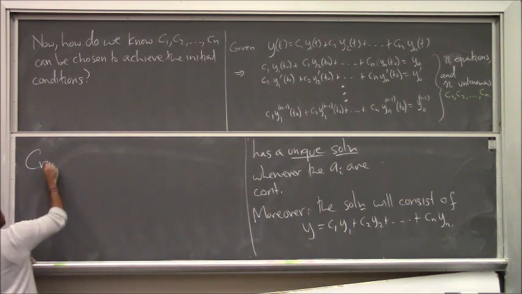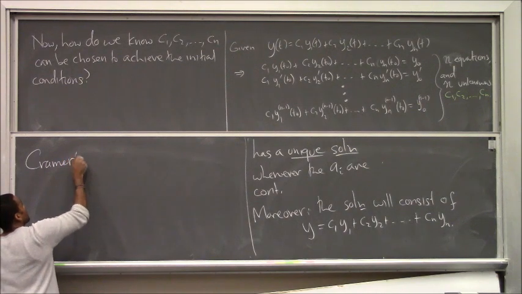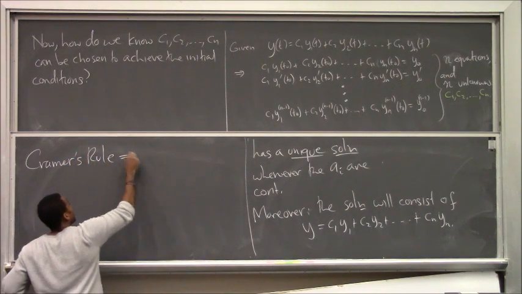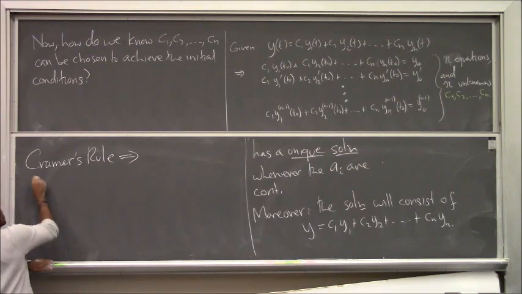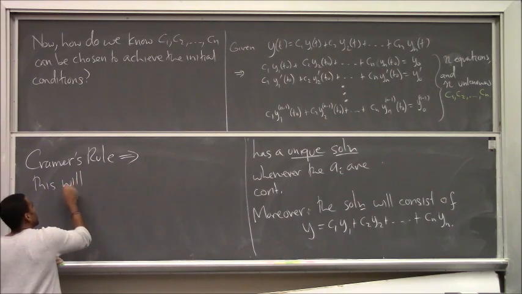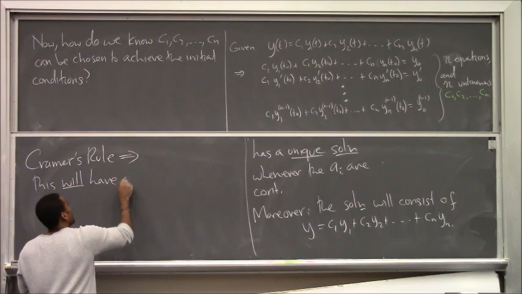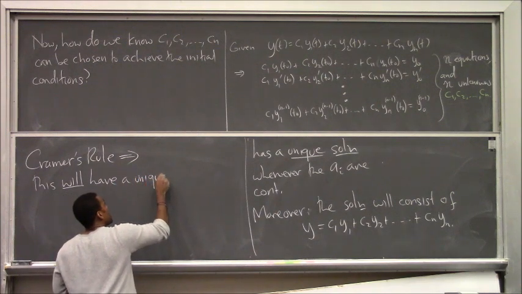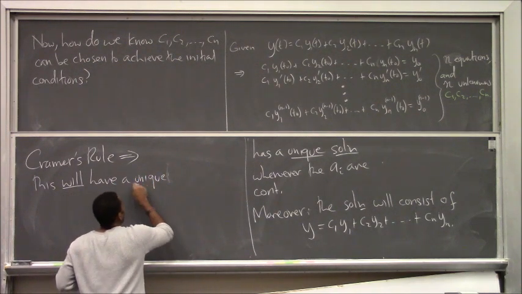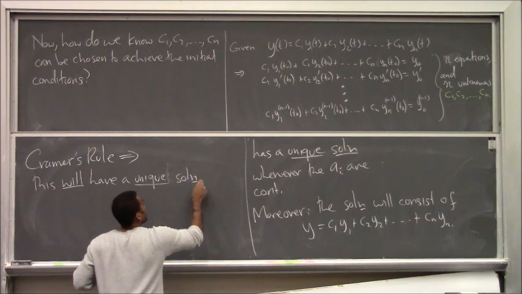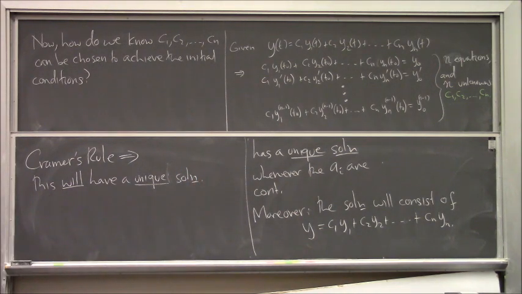Cramer's rule, which we spoke about last time, implies that this will have a solution. Moreover, that solution will be unique. So there will be a set of C's that I could pick that will be unique to the given initial conditions.